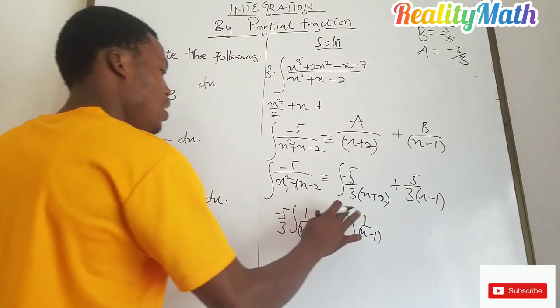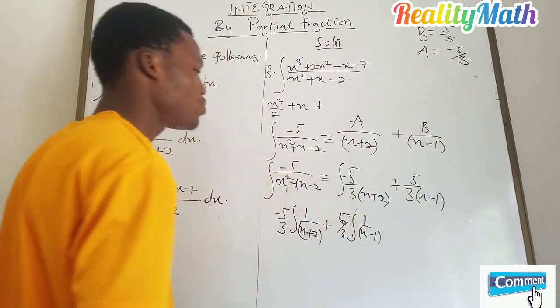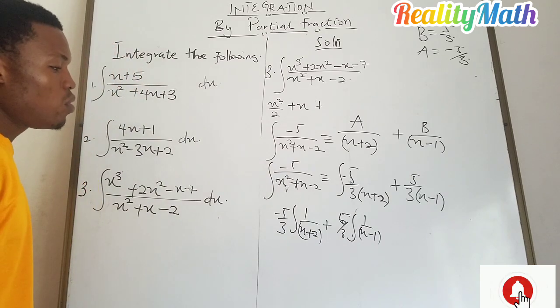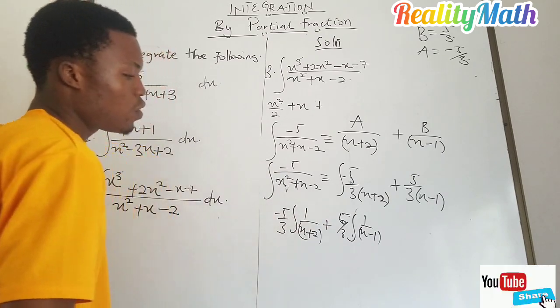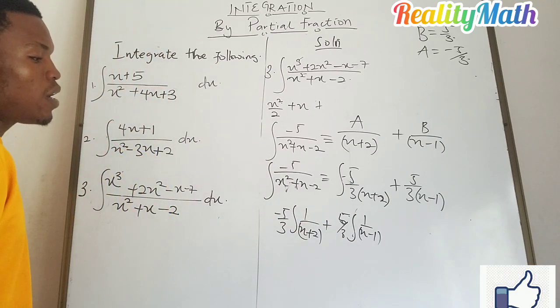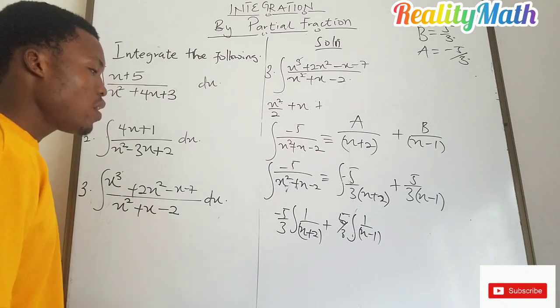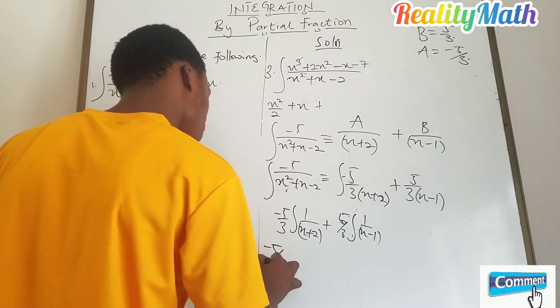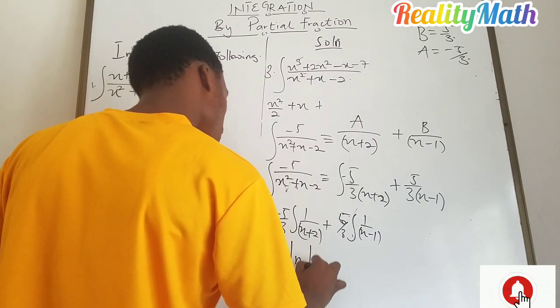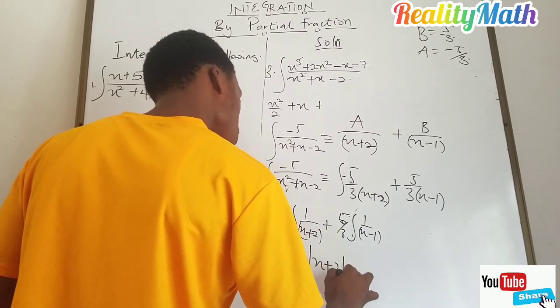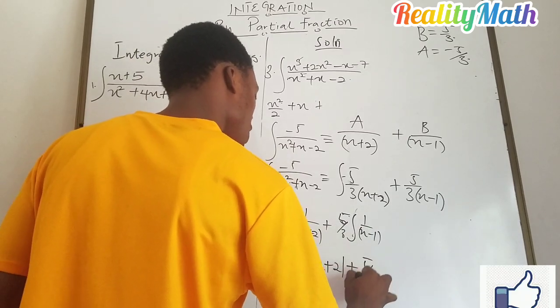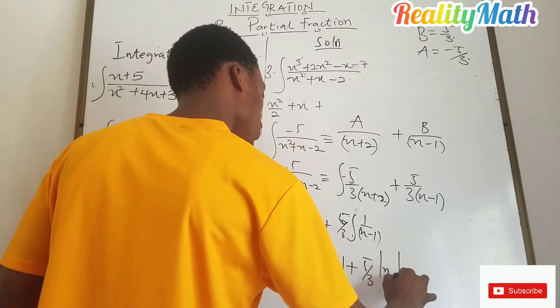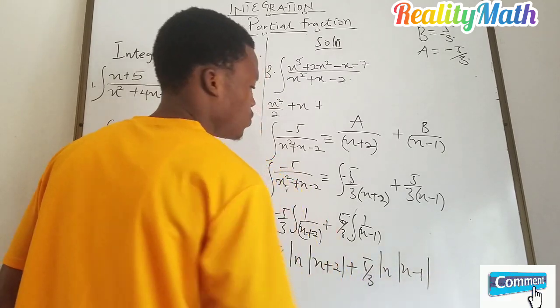Okay, so here, let me write my 5 4. So here, you know that this is going to be giving what? Ln x plus 2, alright? So, minus 5 over 3, ln of x plus 2, the same here, this is going to be plus 5 over 3, ln of x minus 1.